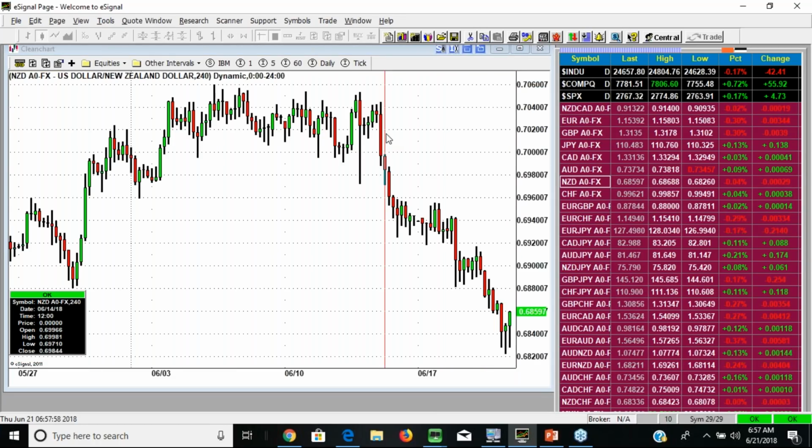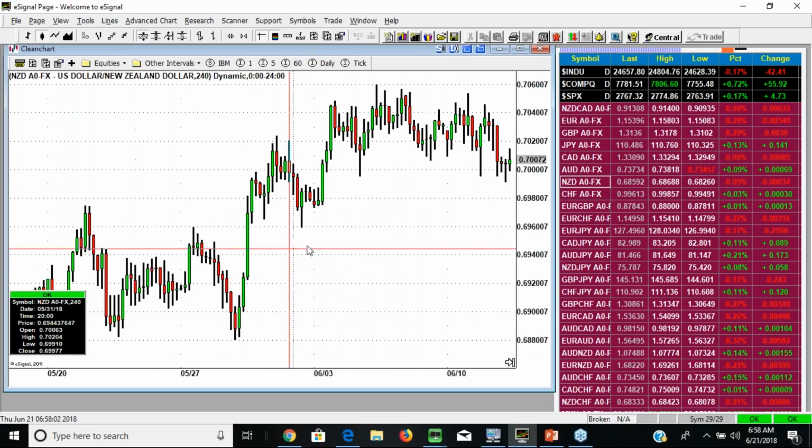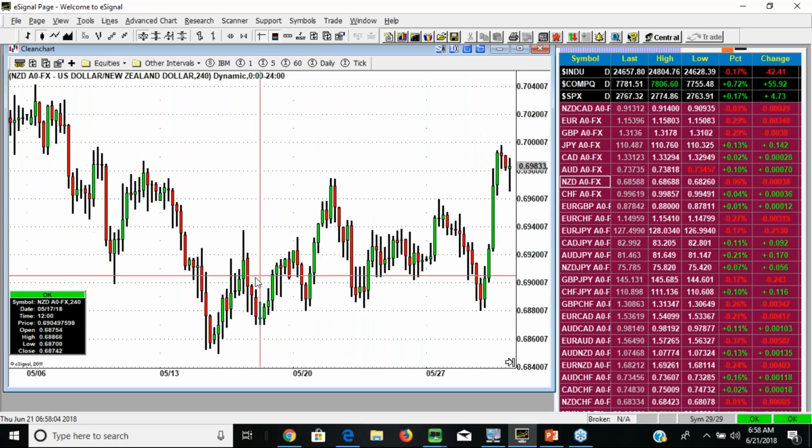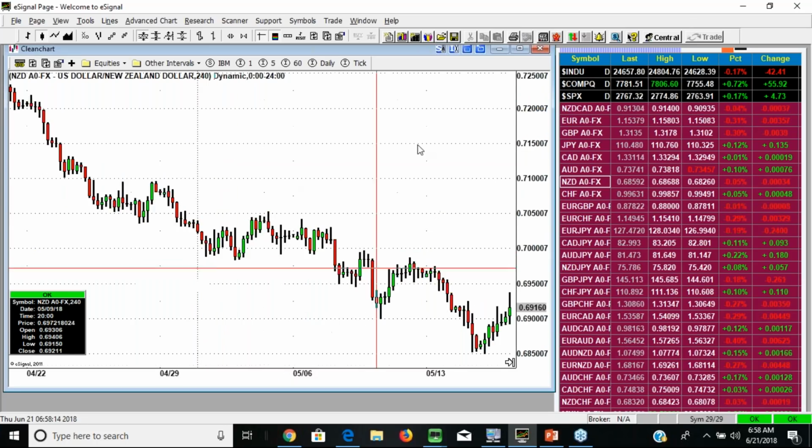Even if you look at the Kiwi dollar, we can see if we find any dojis. Here are 2 dojis, and 2 dojis is even better than 1. Two dojis mean the market didn't feel like this breakout was real, and then it had a collapse.